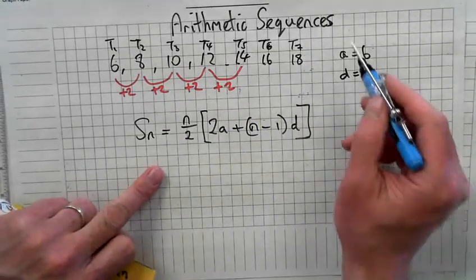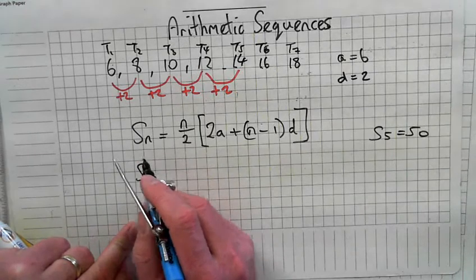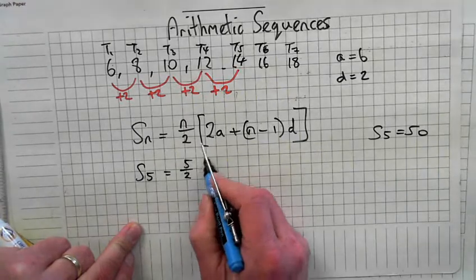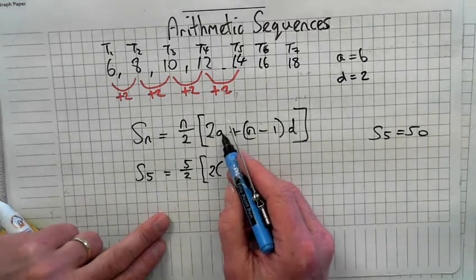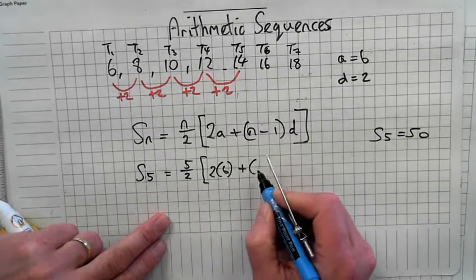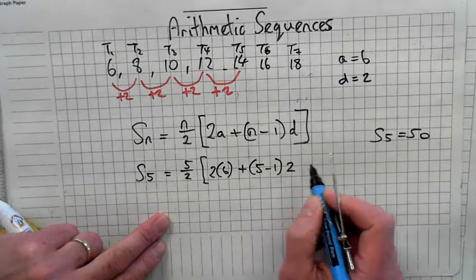Alright, so we have a and d, so S, the sum of the first 5 terms: 5 divided by 2. Every time you replace a letter with a number, put it in brackets. A is 6 plus, the number again is 5 minus 1 times, the difference is 2.